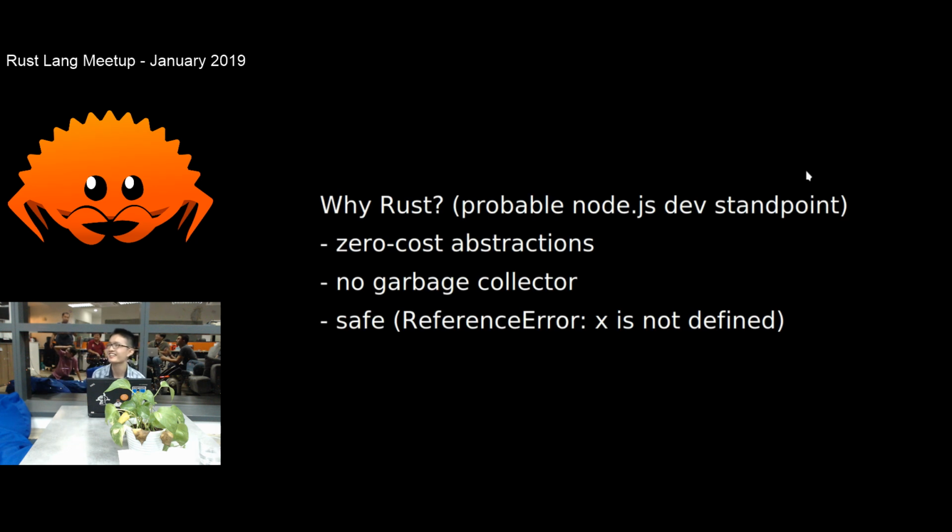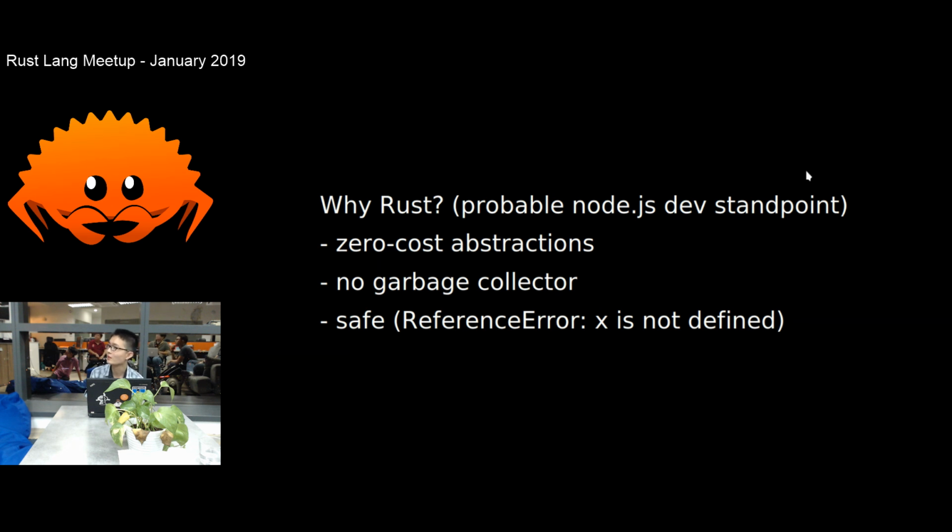Okay, here I explain why Rust. From a Node.js developer standpoint, you have zero cost abstraction in Rust, where most of the things are done at compile time.